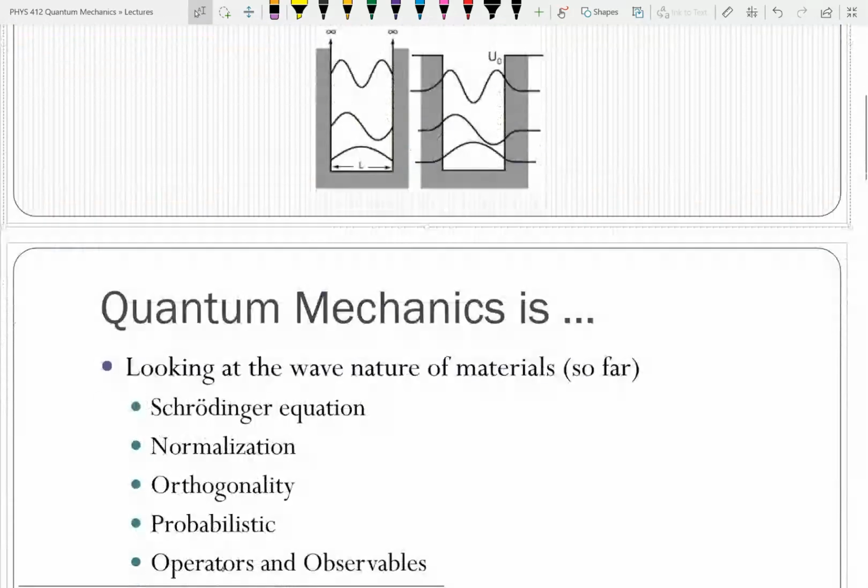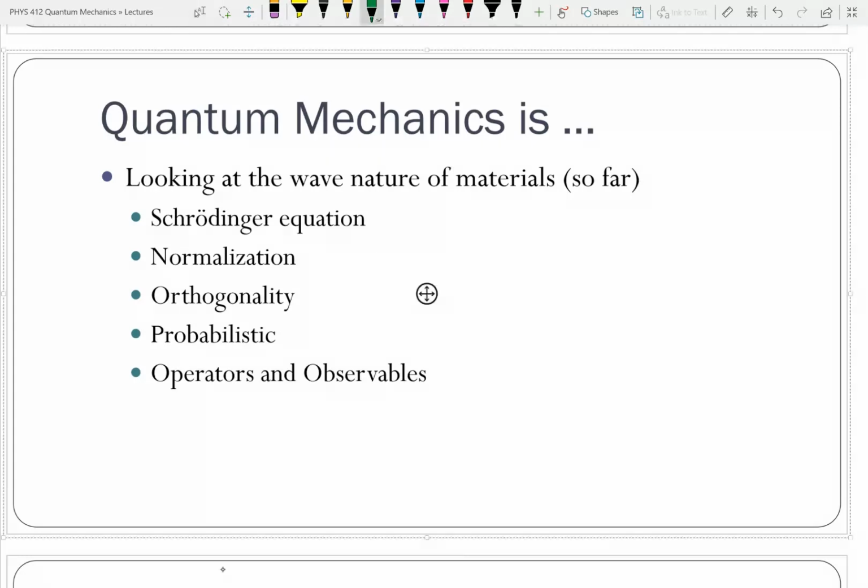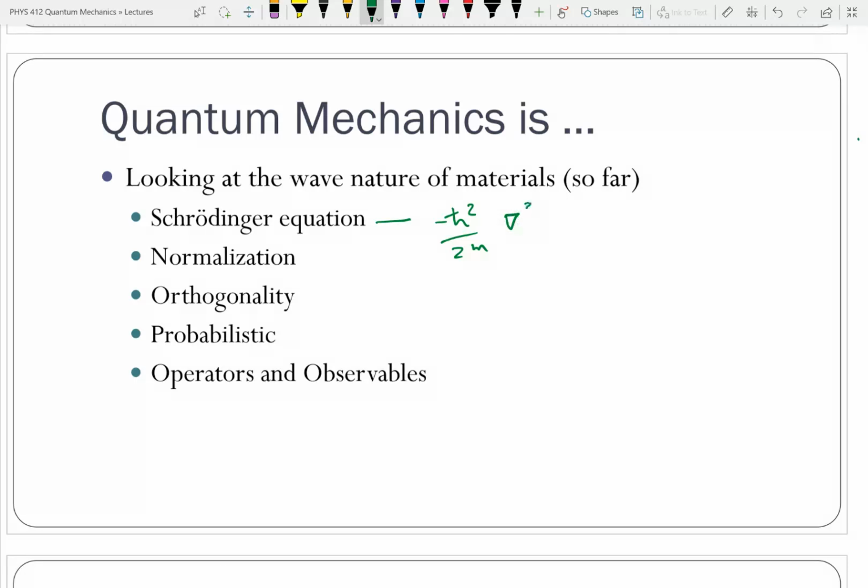So quantum mechanics is looking at the wave nature of materials, at least so far; we haven't looked at using matrices yet. It's based on everything we've done, the Schrodinger equation. Technically, the Schrodinger equation, I'll make it three-dimensional.